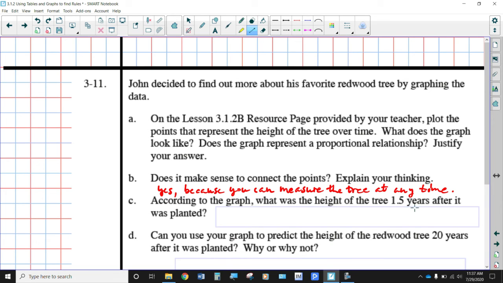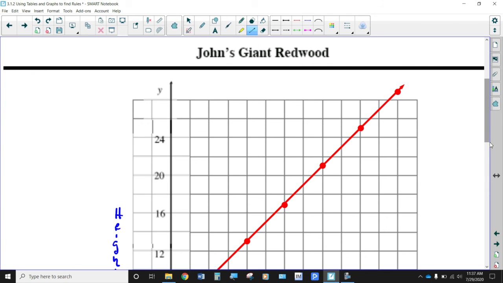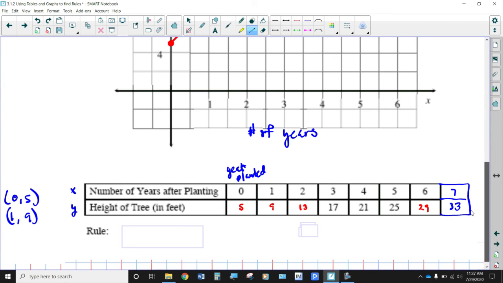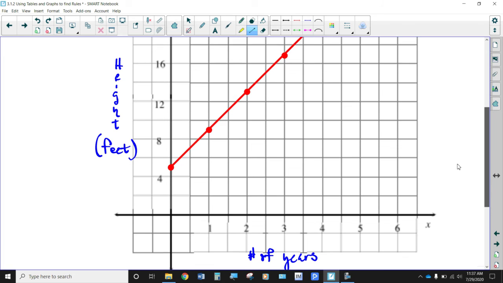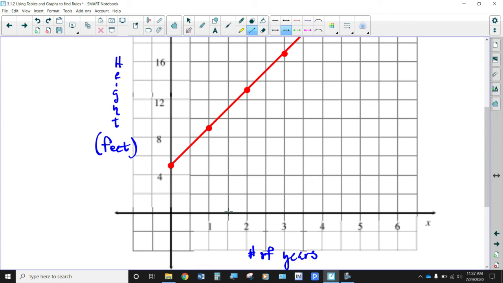The next question asks us, according to the graph, what was the height of the tree at 1.5 years after it was planted? Well, that was not one of the data points in our table. However, this is one of the nice things about having a graph: I can go to the 1.5 year point and take it up to the graph, and then figure out what that point would be on my y-axis.